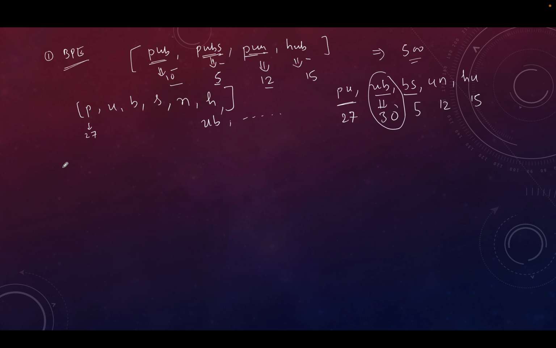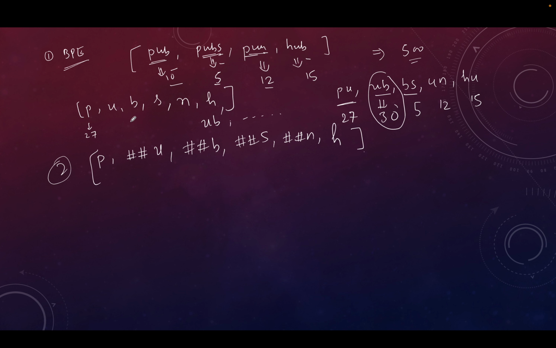It will start with P, the beginning of a word, and then it will have some special tokens, U, special characters, B, then S, N, and H.